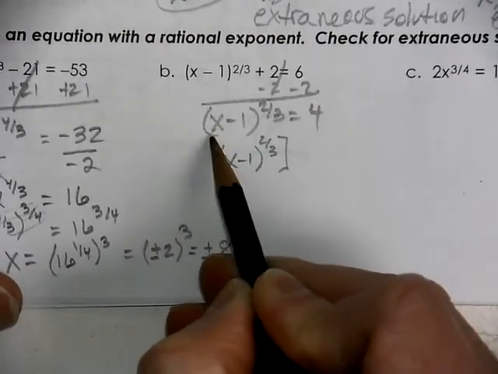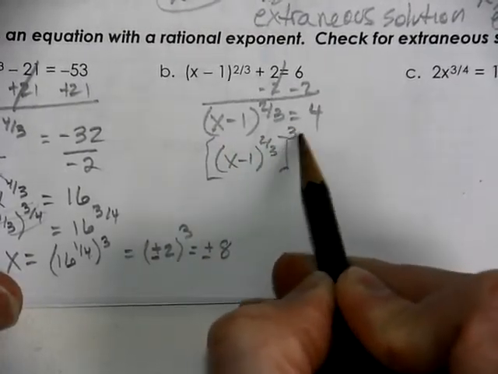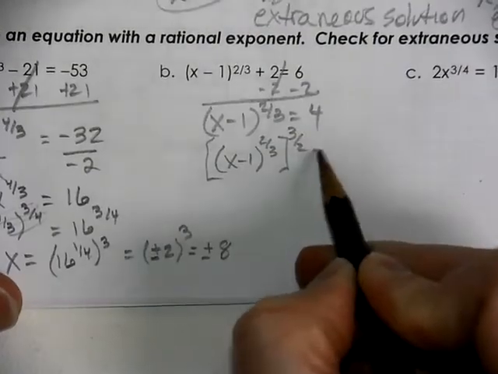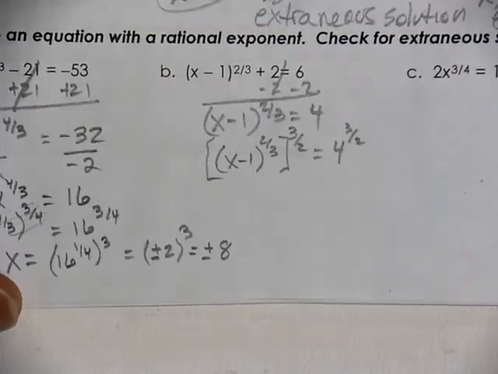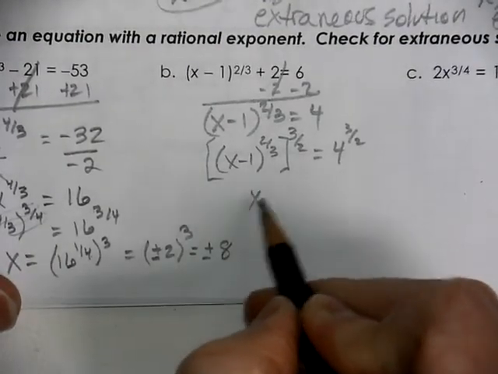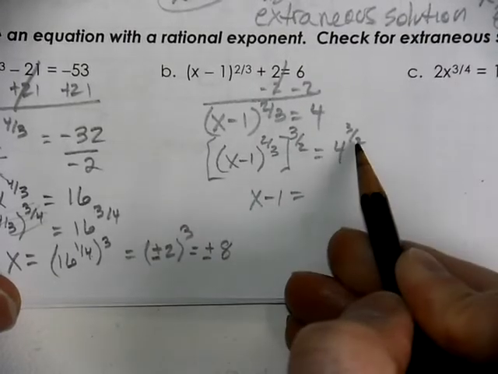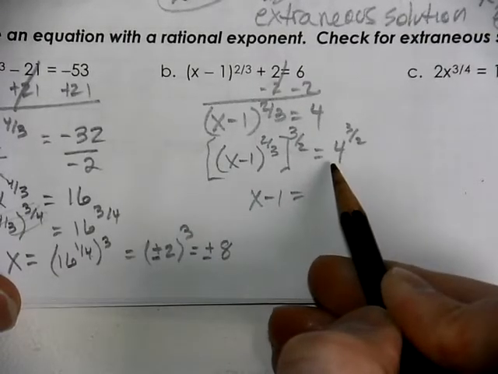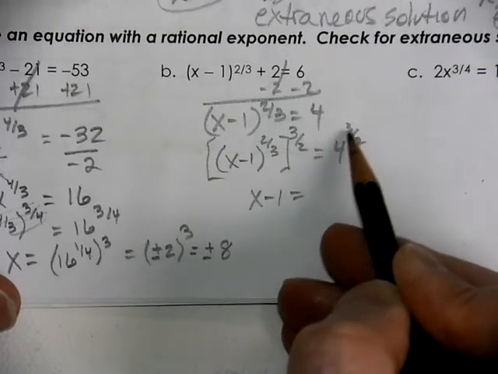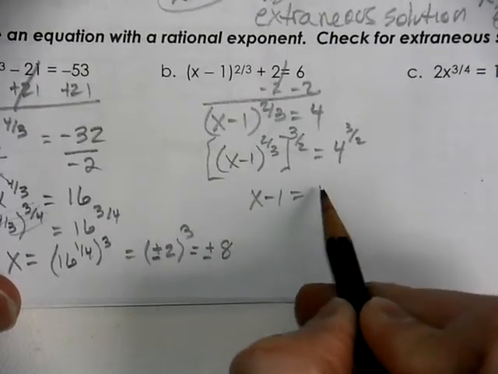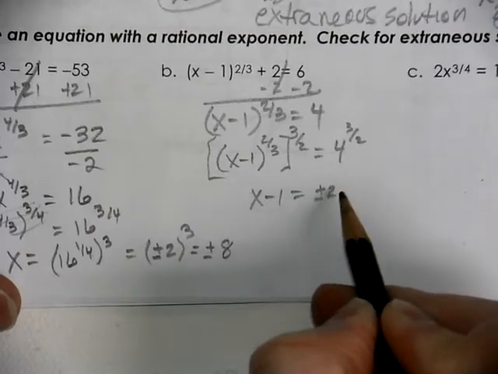So we're going to raise it to the power of 3/2. And if you do that to one side, you have to also do that to the other side. Which means that you're actually taking the square root of 4. The square root of 4 is 2. Cubed is 8. But you're going to get plus or minus 2.